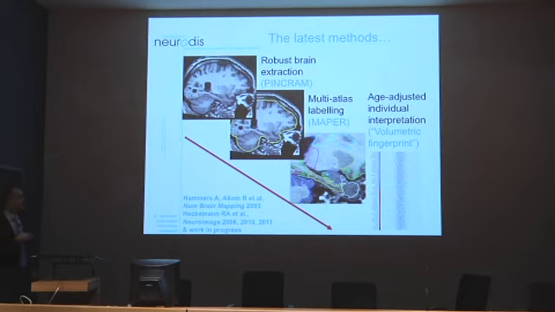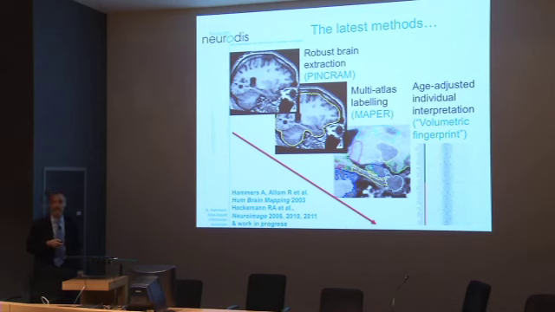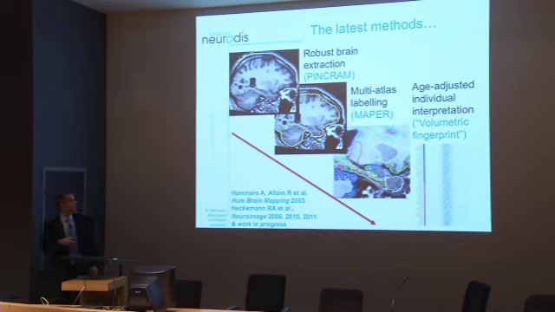So over the past year, Rolf has developed a method called PingRAM, which has been in the top 2 of the international segmentation validation engine for all of this year, and works really well. Which is then used to do the multi-atlas labeling, distinguishing gray matter and white matter.